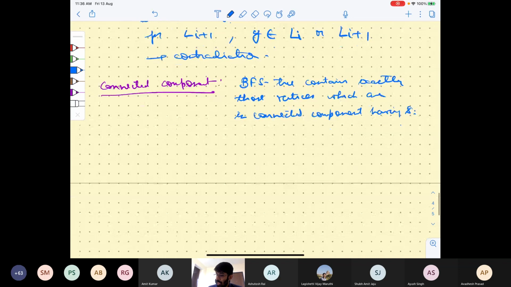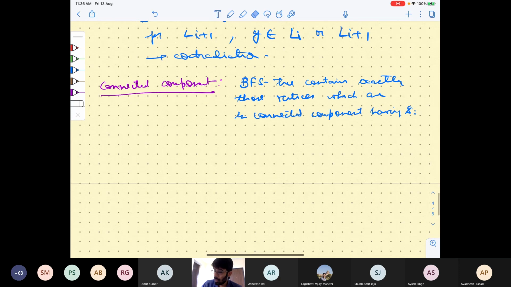And if we know all the vertices in a connected component containing S, then of course we can solve the ST connectivity problem. We can just see whether T belongs to that connected component or not, right?